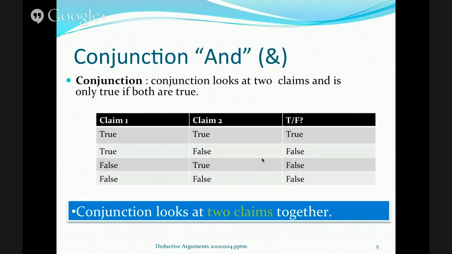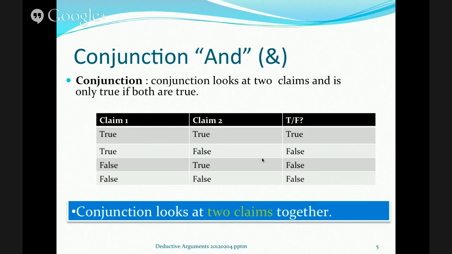The next thing we can do is conjunction. Conjunction is just a big word for and. It's setsuzoku in Japanese. Conjunction looks at two things together and says if both of them are true, then the two together are true.